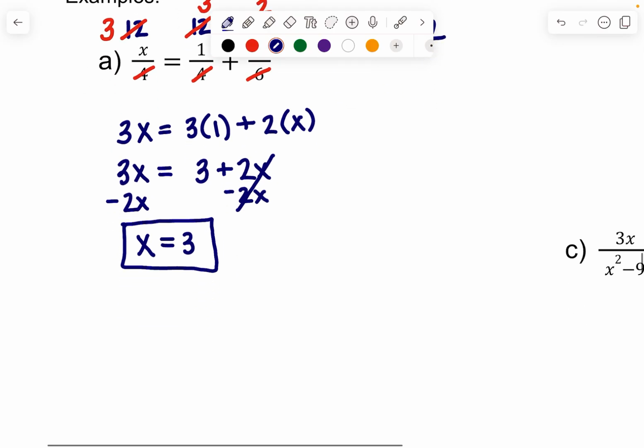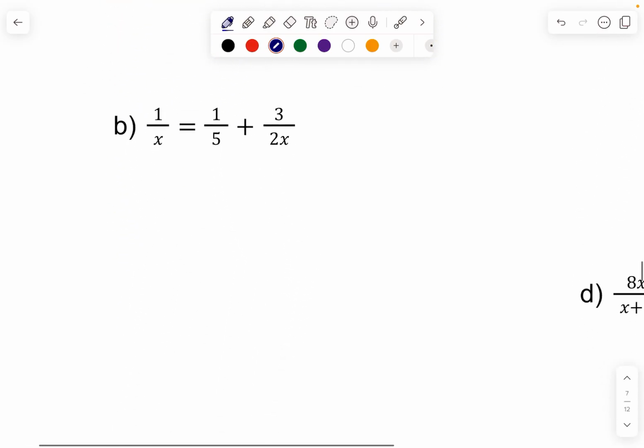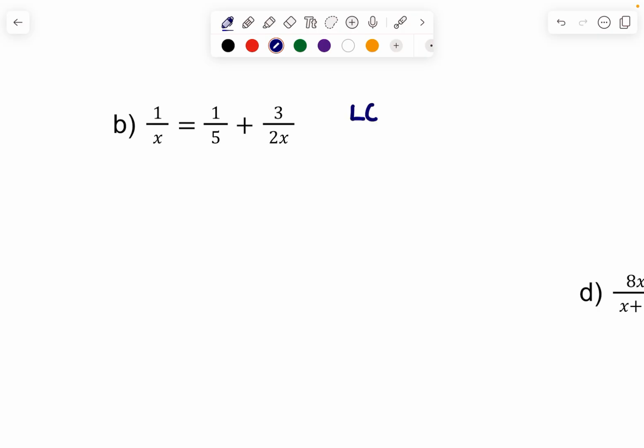Okay, going down to B, 1 over x equals 1 over 5 plus 3 over 2x. So again, starting with our least common denominator. So we have an x, we have a 5, and we have a 2.